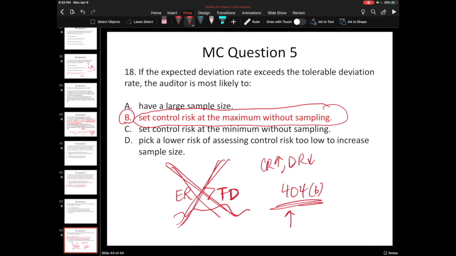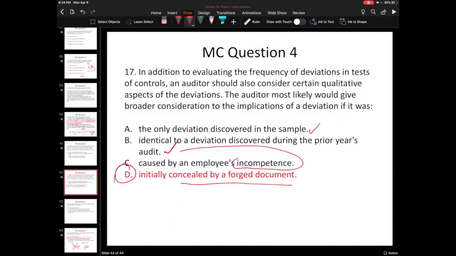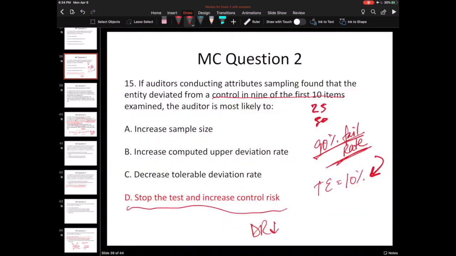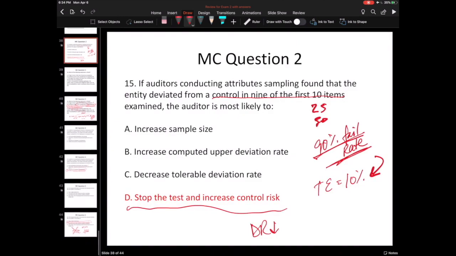But what you typically do for those tests is, because you expect the control to fail anyway, you assume an error rate of 0 because you want to minimize your sample size. So you assume an error rate of 0, get the smallest sample size possible, and then you go through the first 10, you see it fails 9 times out of 10, and you're like, okay, I can stop testing.